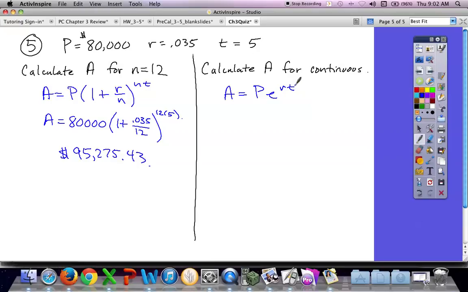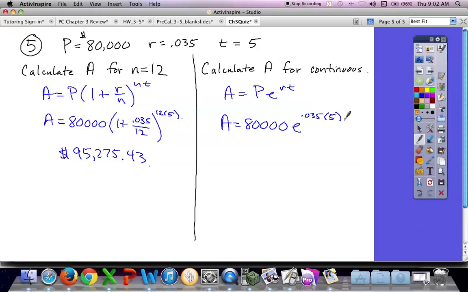But we're going to plug in the P and the R and the T. That's it. So A equals 80,000 e to the 0.035 times T, which is 5.